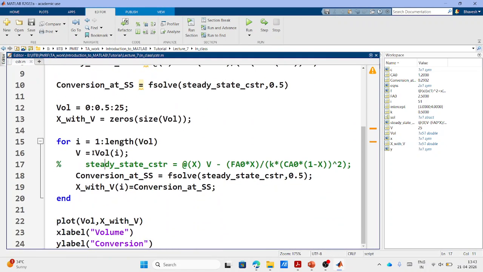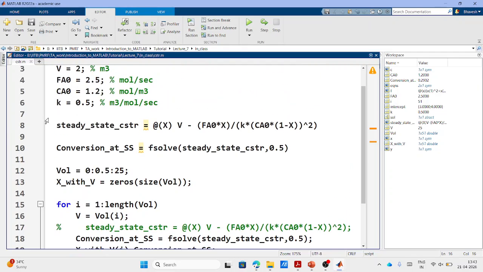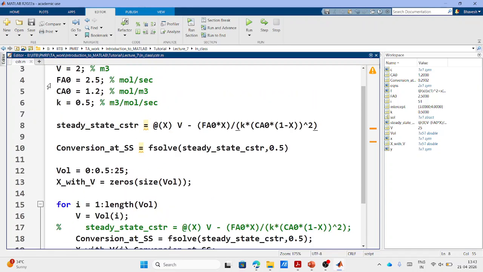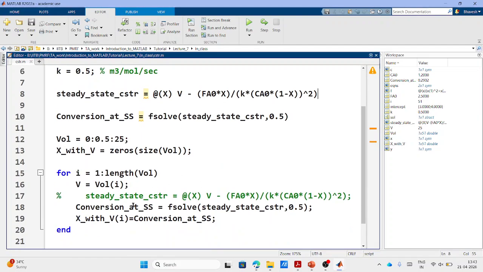So when I'm updating the volume, V is equal to vol dot i, that volume value is not getting updated in my CSTR steady state equation, right? It's working on the previous equation where the value of V is 2 meter cube only. So it's not updating anything because the volume is fixed, so I will get the same answer, right?